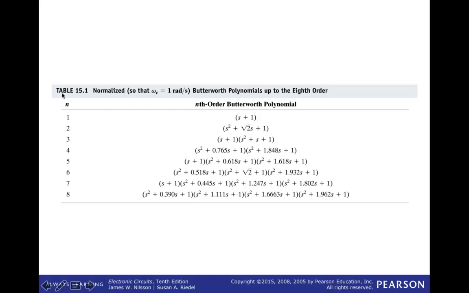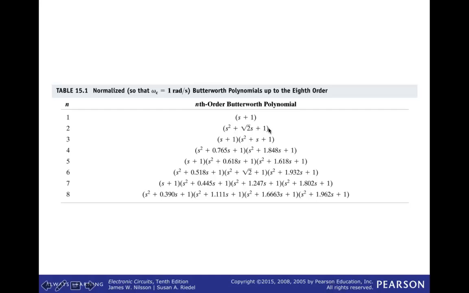So first, n is the order of the filter. For example, for a second order filter, our transfer function H of s is going to look like 1 over the Butterworth polynomial. That's going to give us a second order filter. The cutoff region will have a slope of minus 40 dB per decade.